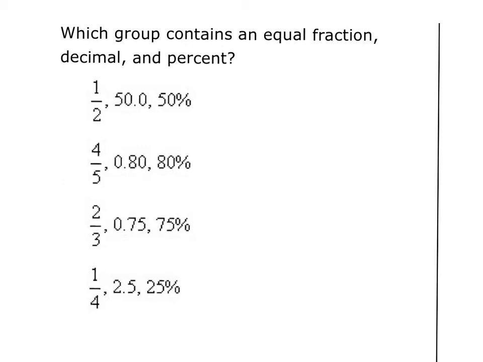Before you've learned to change them to decimals, we like to change them to percents because you guys don't mess up the placeholders as much. 1/2 as a percent, hopefully you already know, is 50%. That leaves us with 50.0. How do you go from decimal to percent?